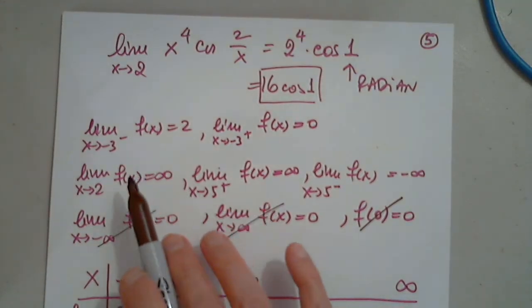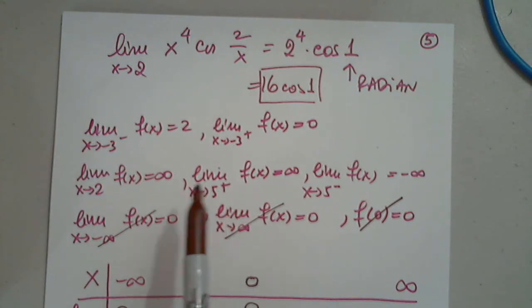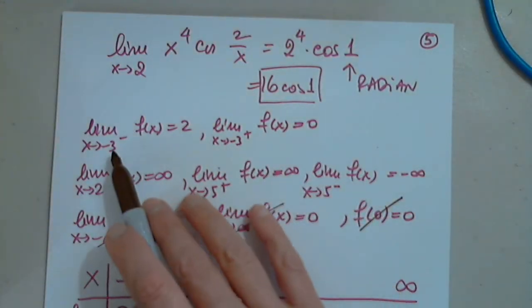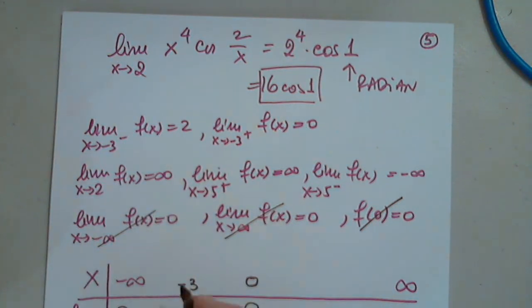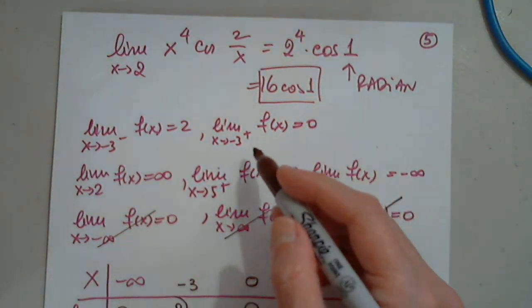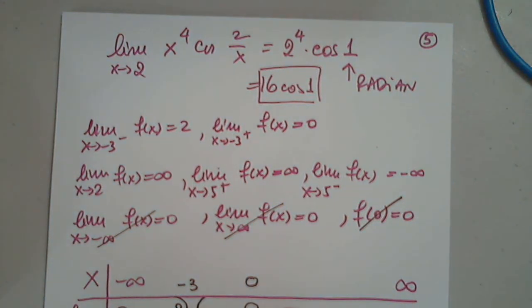Then I see something happens at 2, -3, and 5. Sorry, -3. So -3 from the left is 2, and -3 from the right is 0. You can be creative and put whatever you want in here.